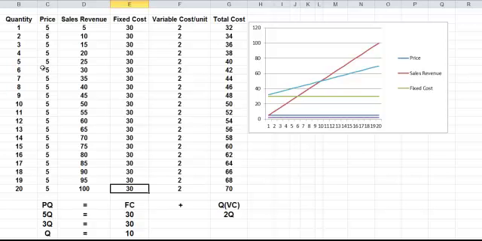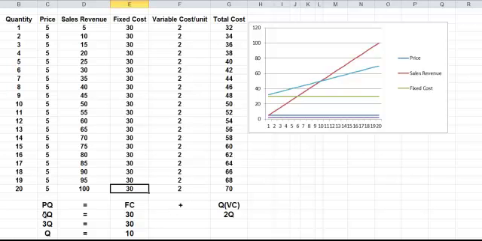See, price is a constant here, 5. So the P is a 5. 5Q, 5 times this column here, is equal to the fixed cost, which is of course equal to 30, plus the quantity times the variable cost, which is in this case 2 times the quantity, because each unit of output costs 2, so it's twice the quantity.